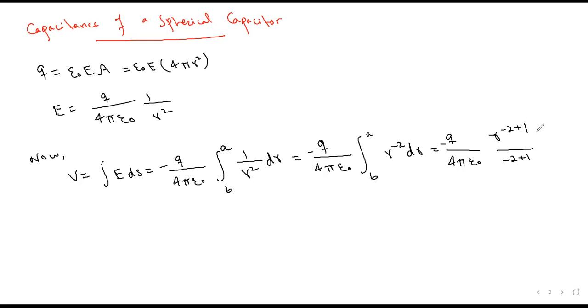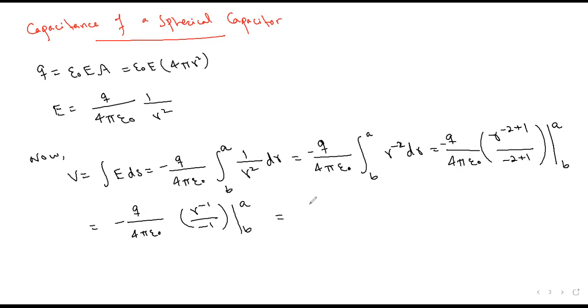And we are integrating over the limits of b to a. So minus Q over 4 pi epsilon naught, and this will just be r to the minus 1 over minus 1, b to a. This minus and this minus will turn out to be positive. So this is Q over 4 pi epsilon naught and 1 over r.